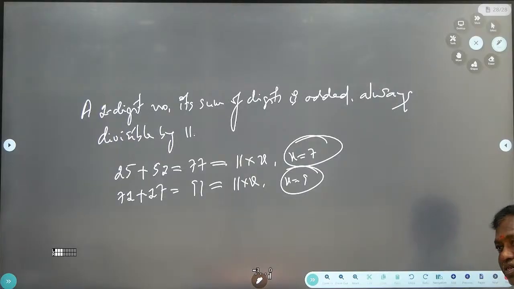You can write some more 5 numbers like this and complete it. Subtracting the digits of a 2-digit number is always divisible by 9, and adding the digits is divisible by 11.